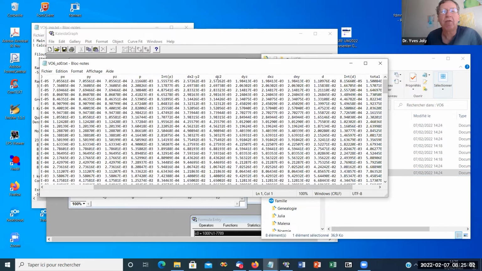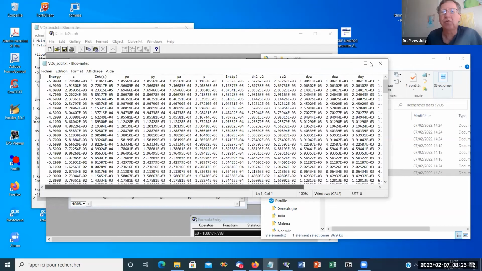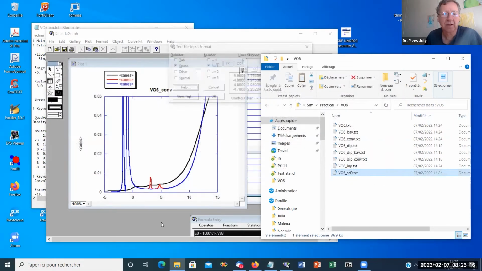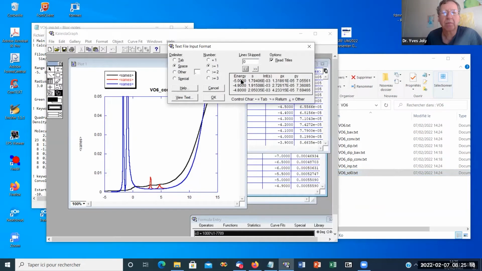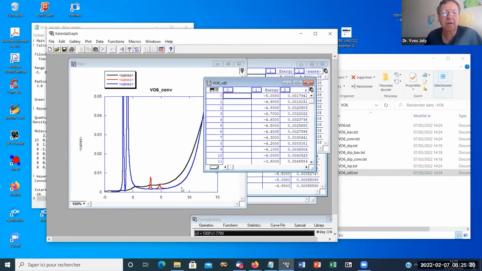The sum over everybody times the spin, and the integral versus energy and the total of everybody. Okay, so we could plot this. We are interested by this energy range to see what these states are.